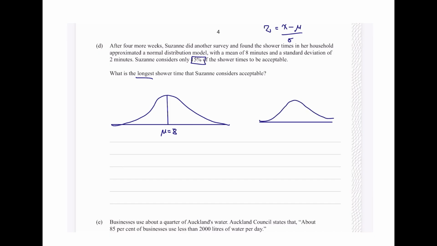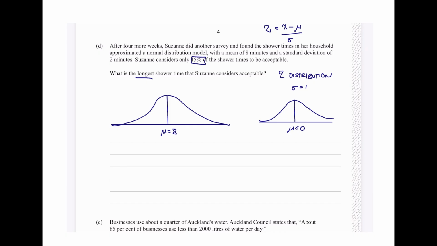Just remember the z distribution is essentially the normal distribution with a very specific property: mu is 0 and the standard deviation is 1.